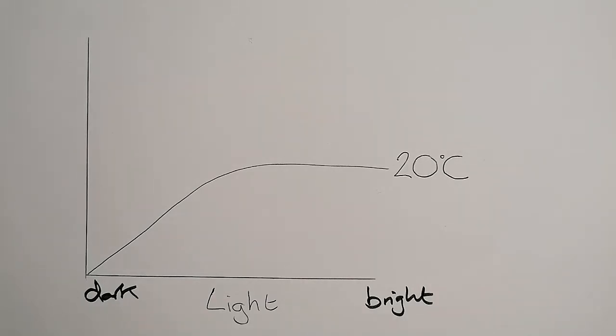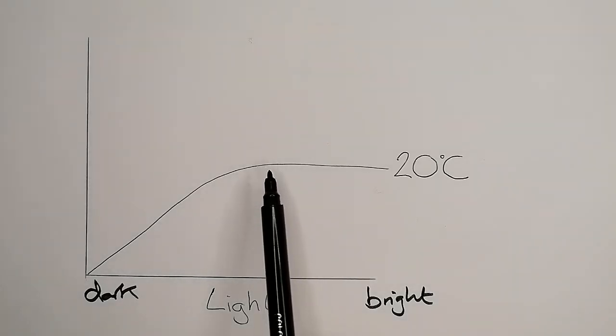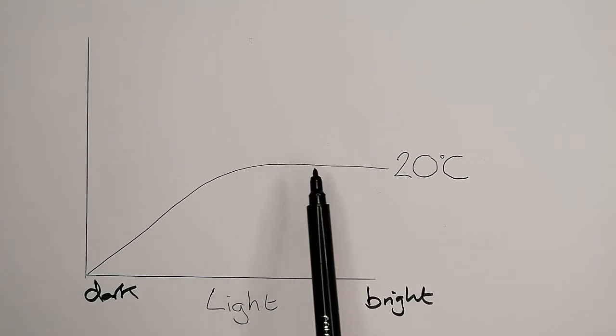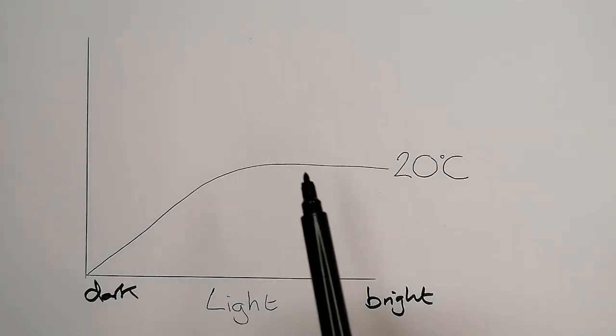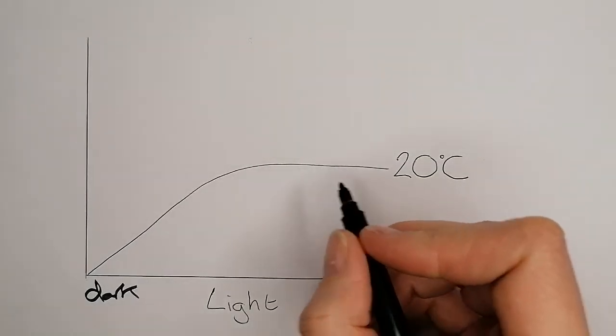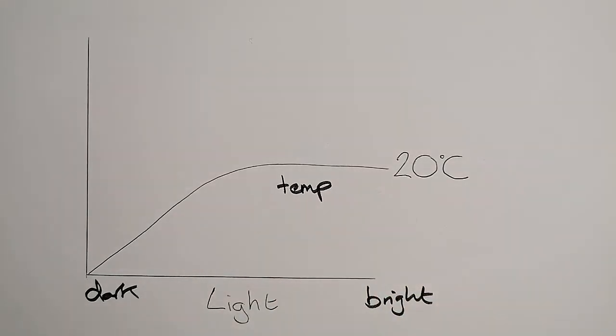However, at some point, something else is going to become the limiting factor, what they need, so it's going to plateau and go straight. So let's have a think here. If this is being limited by temperature, for example, if we did the experiment again at a higher temperature, we would end up getting a slightly different curve.